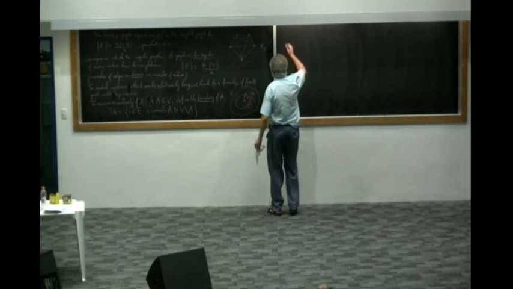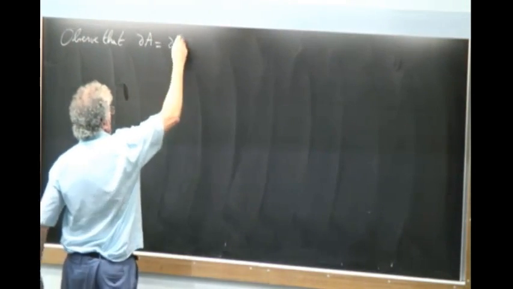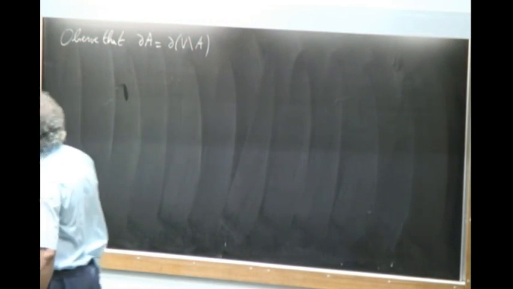So observe that the boundary of A, or the boundary of the complement of A, is the same, because this definition is symmetric in passing to the complement.